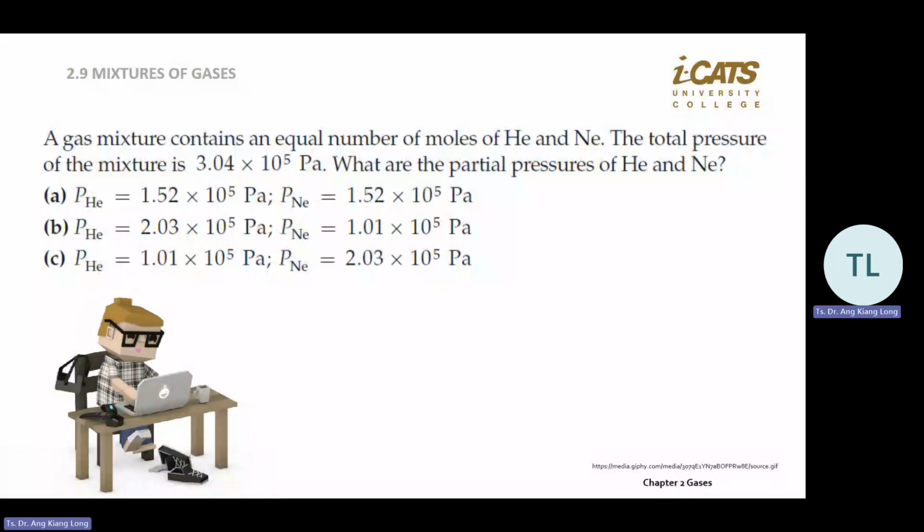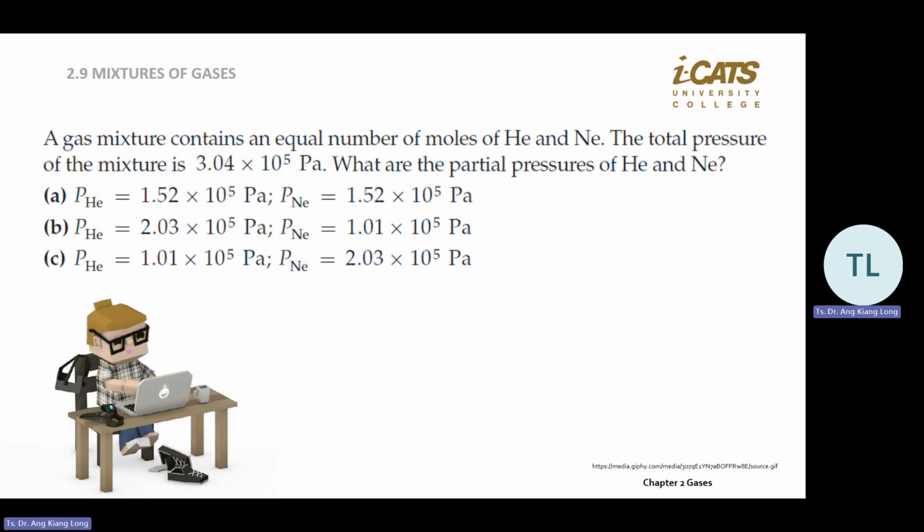Okay. So let's say the question gives you something like this. A gas mixture contains equal number of moles of He and Ne. The total pressure of the mixture is 3.04 10 power 5 Pascal.